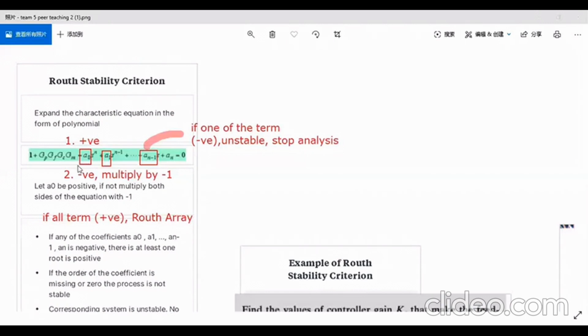And if it is a negative form, you need to multiply by -1. After the multiplication, if one of the terms is negative, that means it is an unstable system and we don't have to do a further analysis. And if all the terms are positive, that means we need to proceed to the Routh array.